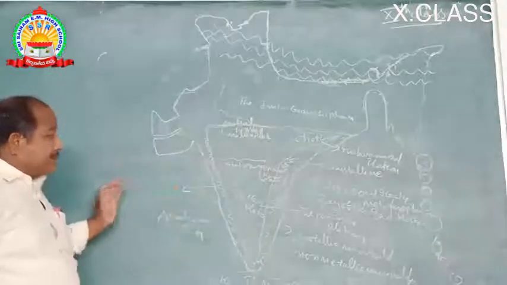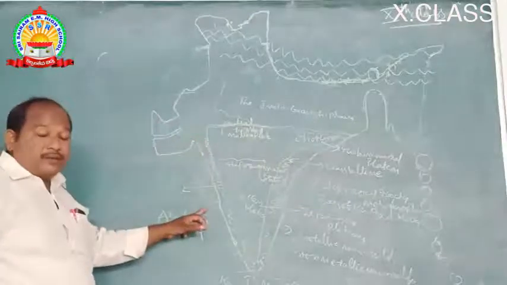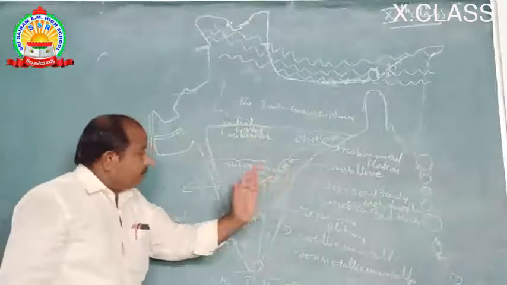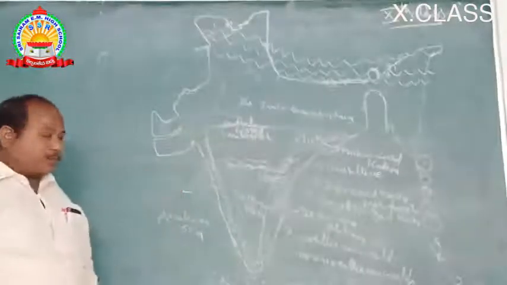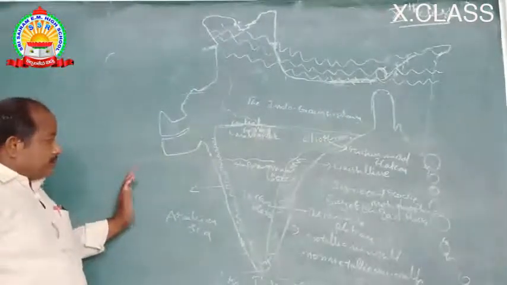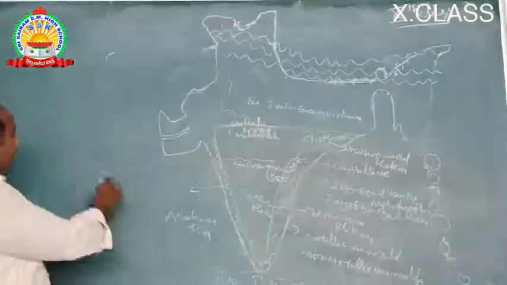Let us discuss the western edge, the Western Ghats, and the eastern edge, the Eastern Ghats, of this plateau. Let us discuss the difference between the Western Ghats and Eastern Ghats.